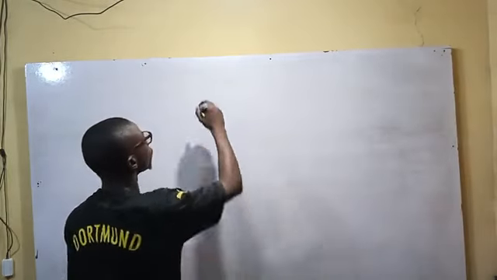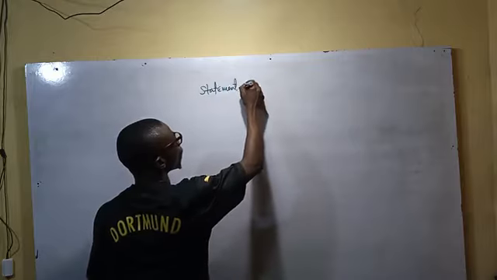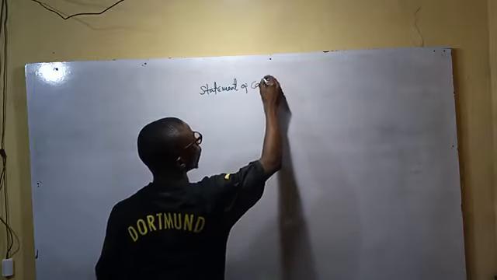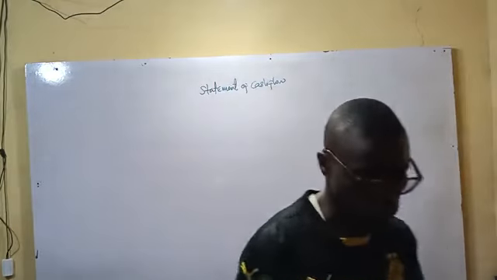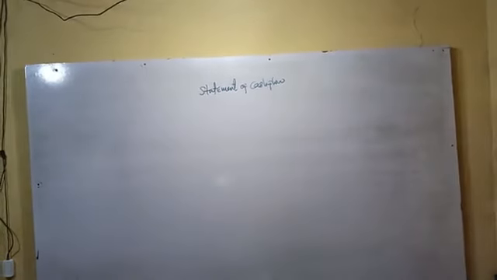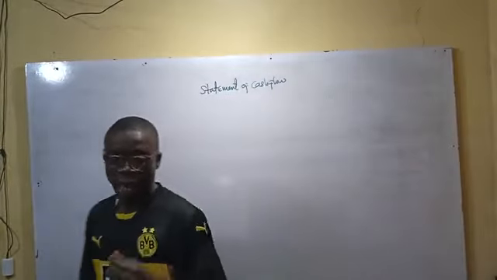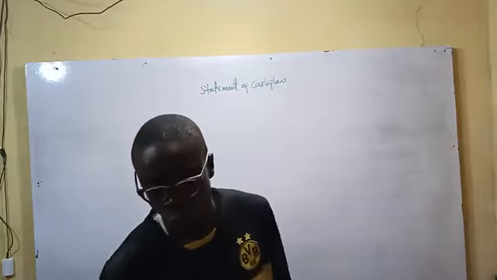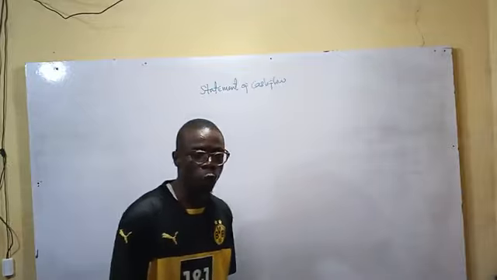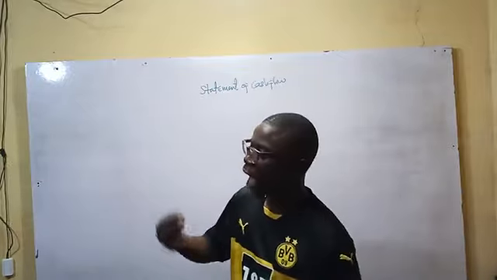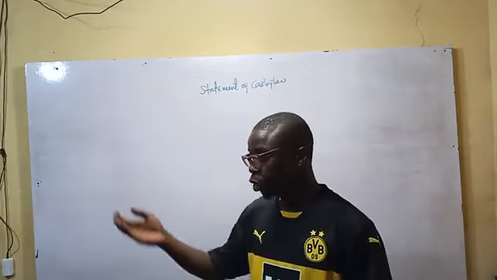We have what we call statement of cash flow. So what's the essence of statement of cash flow? Am I communicating? The essence of statement of cash flow is to show the movement of cash inflow and cash outflow. That means as cash is going out and as cash is coming in.